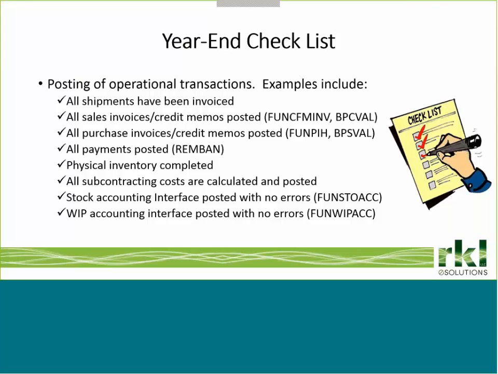You want to make sure that all your purchase invoices and credit memos are posted. And again, that's two separate processes. You've got your purchase invoices and your BP supplier invoices. There are also some inquiries in the system that will show you unposted invoices or unposted shipments.